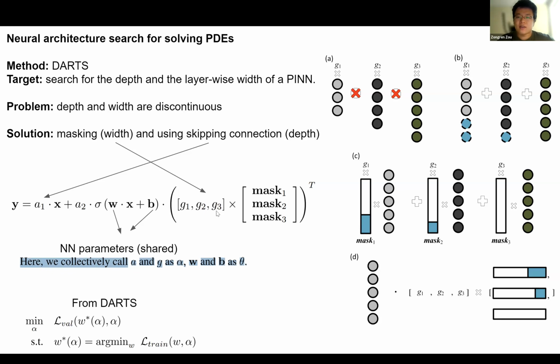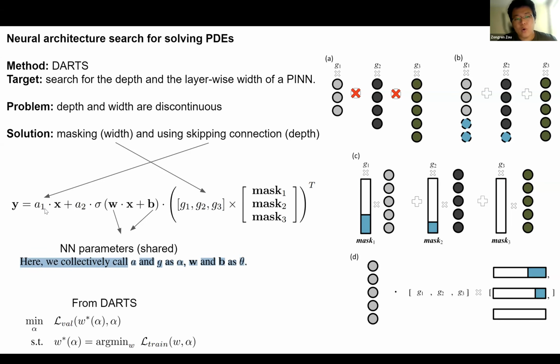For this case, there are 3 different weights to be searched, to be determined, and G1, G2, G3 correspond to the alphas in DARTS. And for the depth, they use this skip connection.